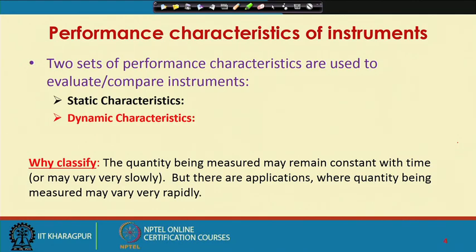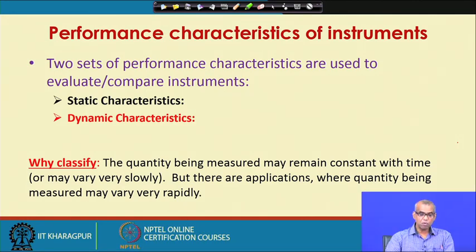Why do we classify these performance characteristics into these two categories? Because the quantity being measured may remain constant with time or may vary very slowly.